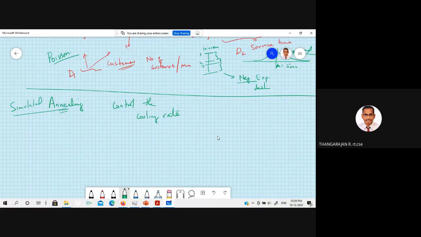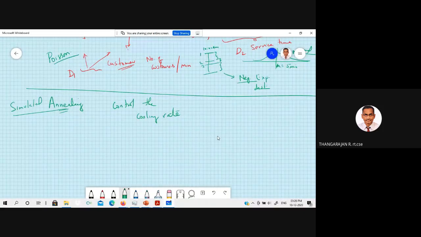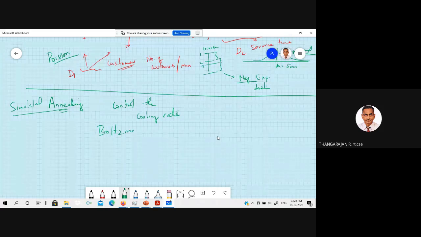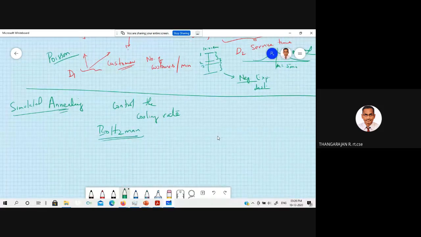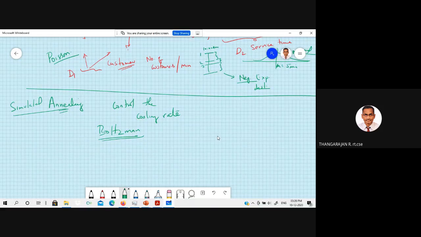If you take a metal and anneal it, then it follows a certain distribution, and that distribution is called the Boltzmann distribution. So the annealing of metals follows the Boltzmann distribution.